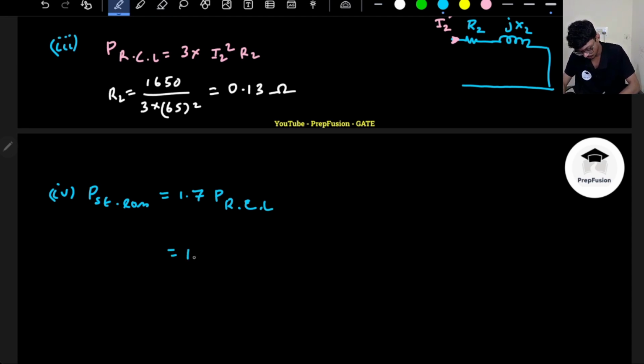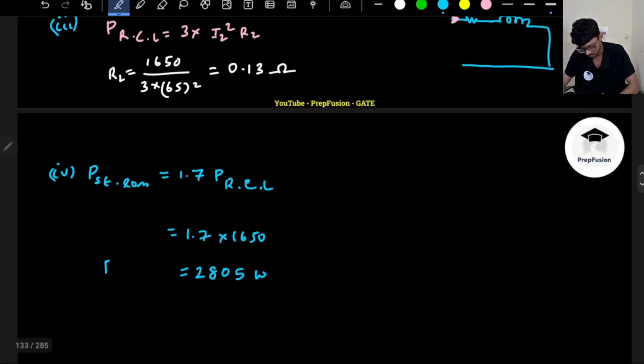So it is 1.7 times 1650. 1650 into 1.7 comes out to be 2805 watts. That is what my stator loss is.